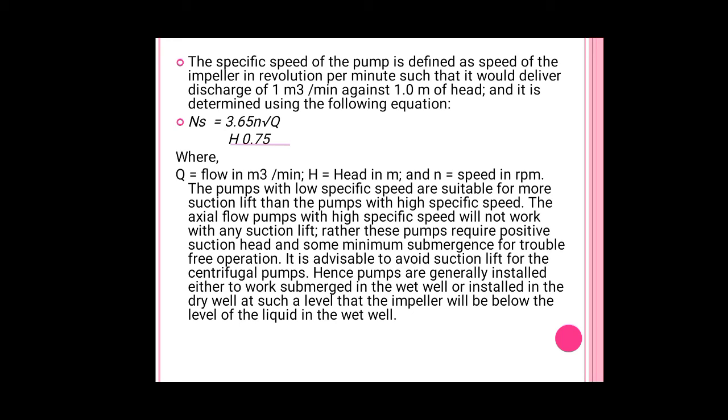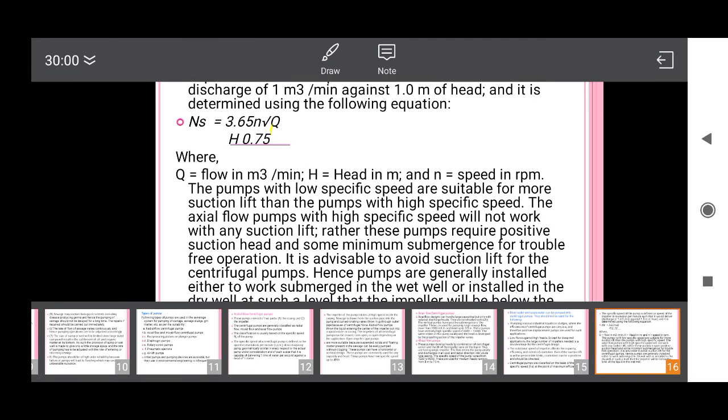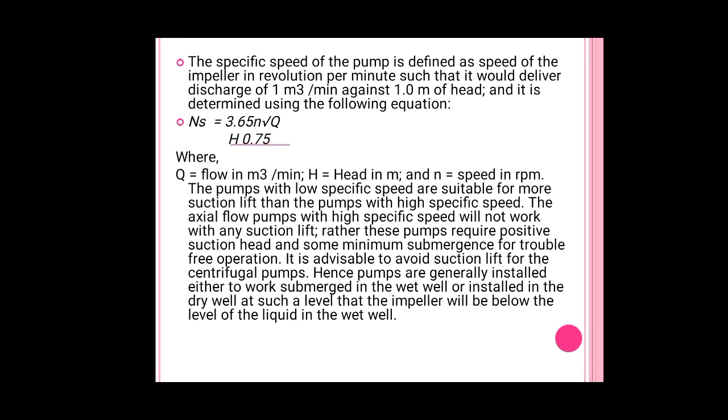The specific speed of the pump is defined as the speed of the impeller in revolutions per minute such that it would deliver a discharge of 1 cubic meter per minute against 1.0 meter of head, and it is determined by using the equation Ns = 3.65 N √Q / H^0.75, where Q is the flow in cubic meter per minute, H is the head in meter and N is the speed in revolutions per minute.